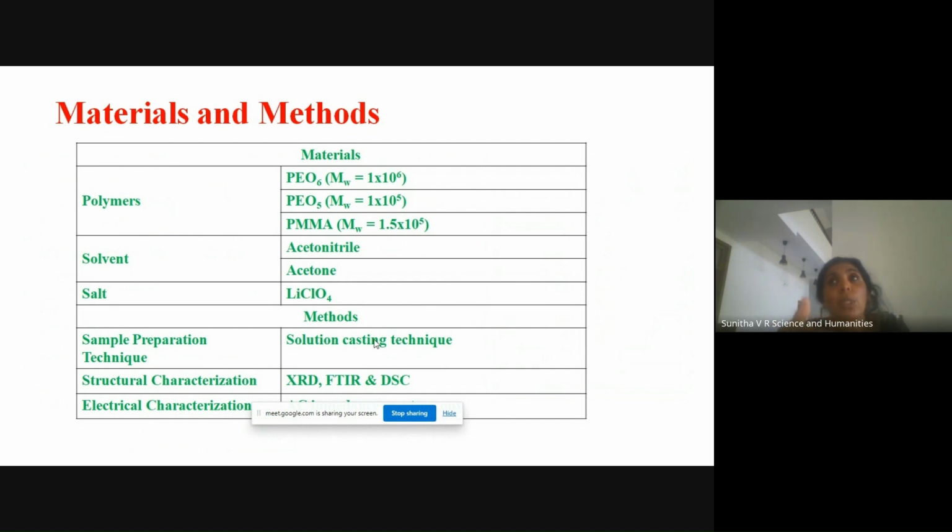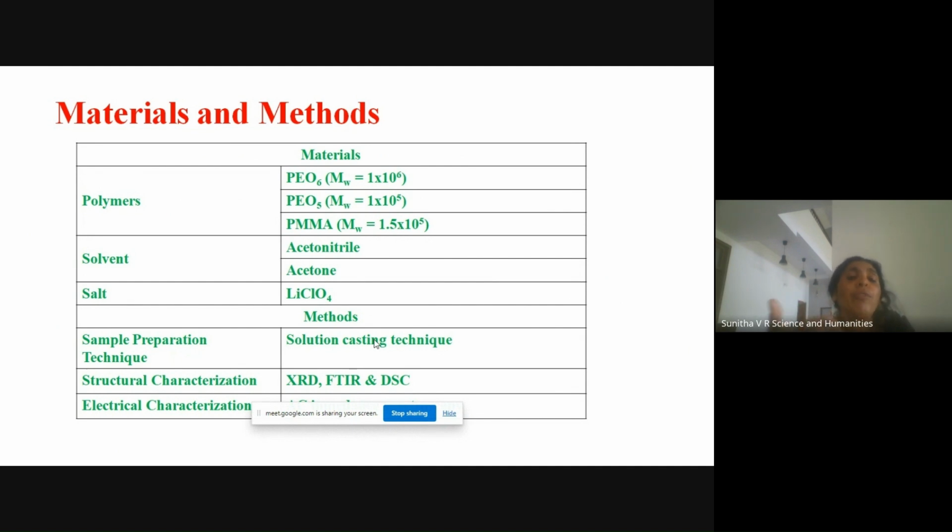So you can improve the conductivity of PEO using, as I said, inert fillers, or plasticizers, or by blending different polymers. What we have tried to do is mix a small amount of a highly amorphous polymer like PMMA with PEO.